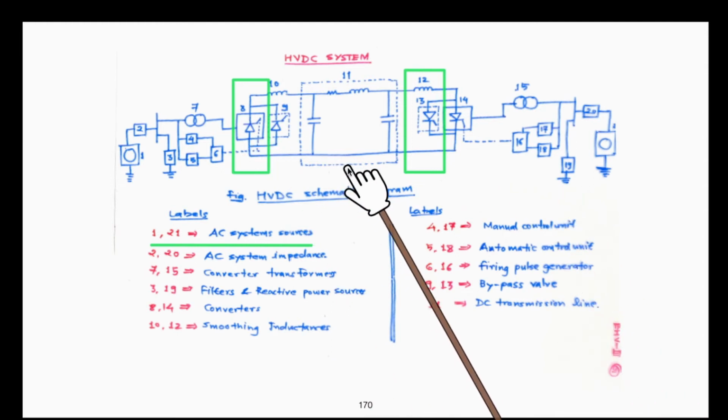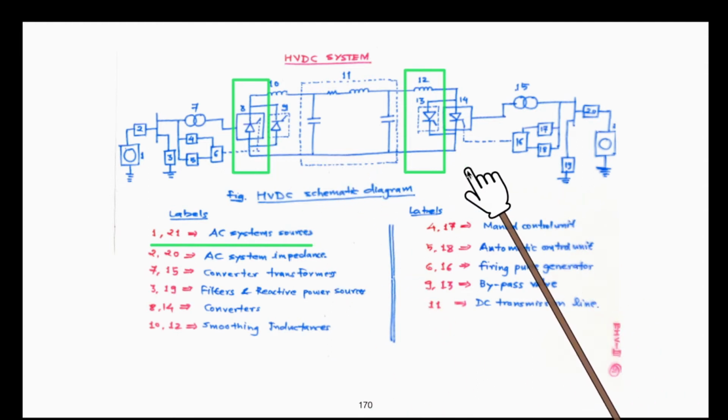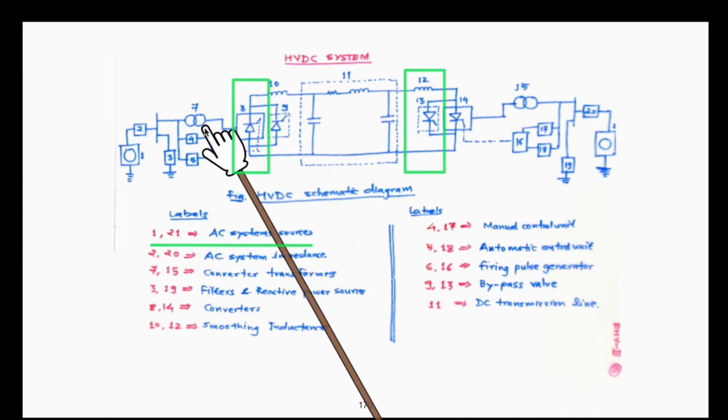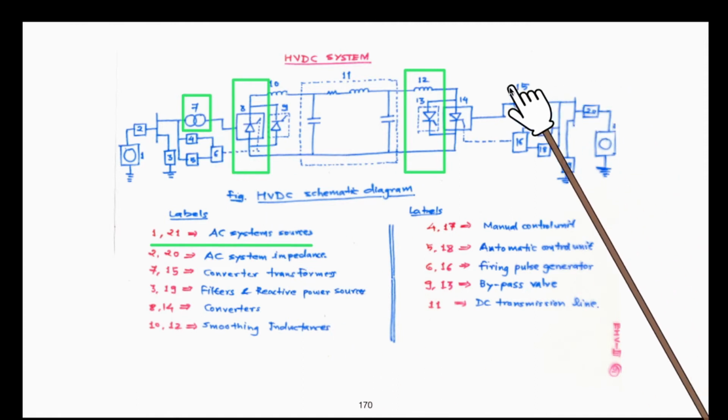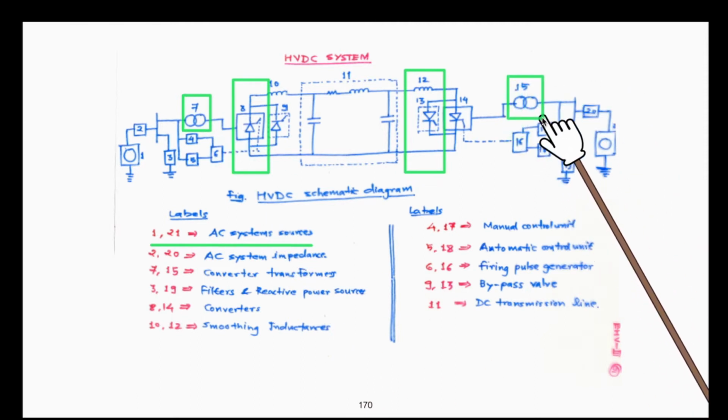Then apart from rectifier and inverter, what are the other elements that are involved here? The other elements involved are converter transformers, okay, this is a converter transformer, and similarly this is an inverter side transformer. Why do we require a transformer? Why don't we connect AC directly with the converter?